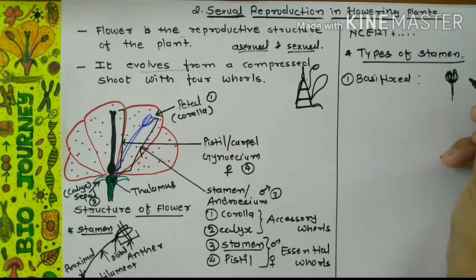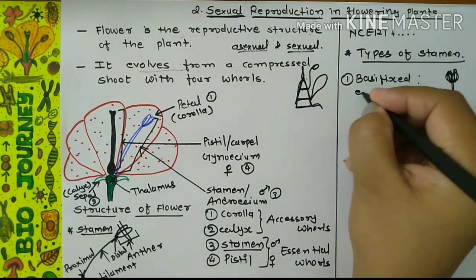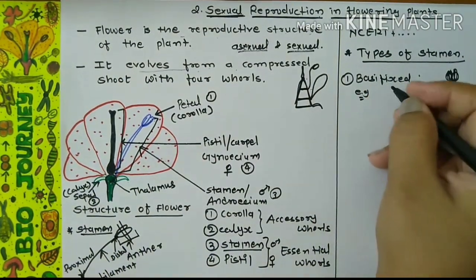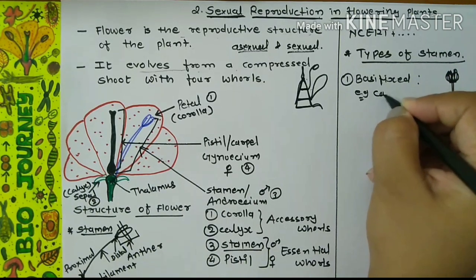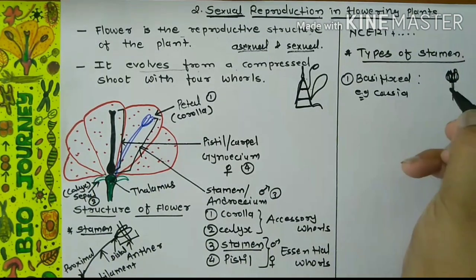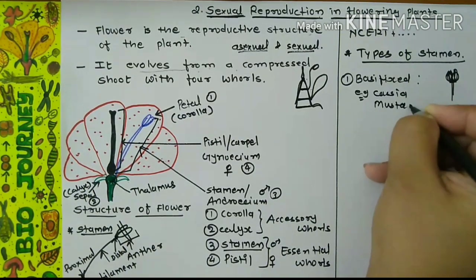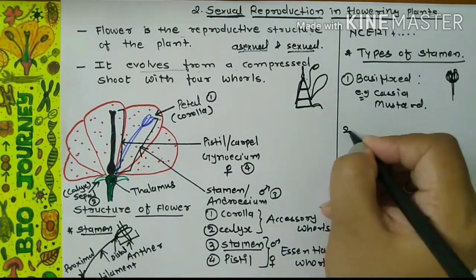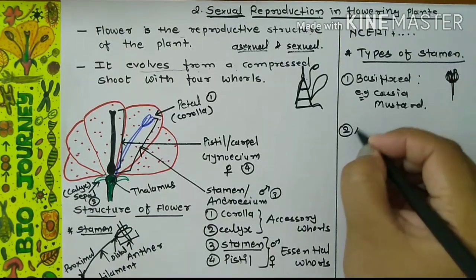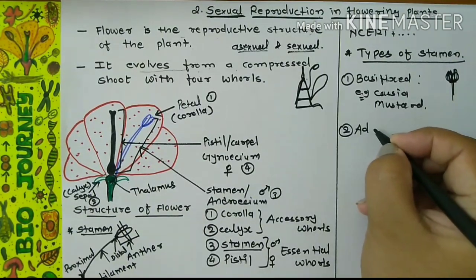Examples of this type are cassia and mustard.